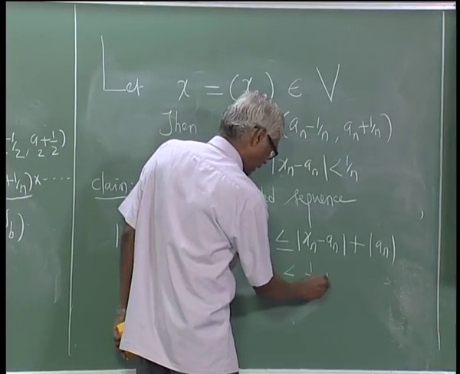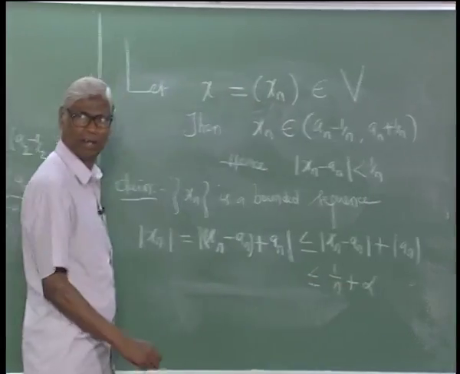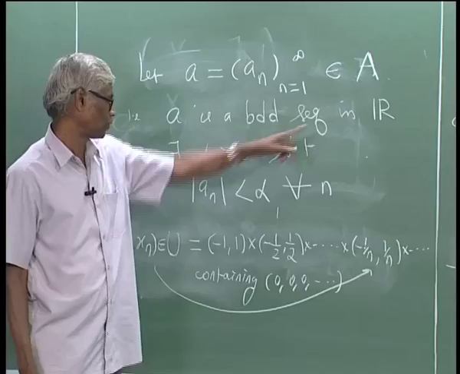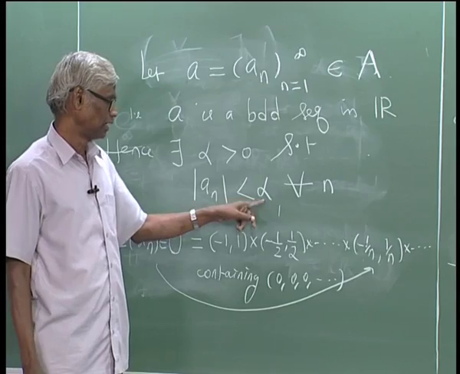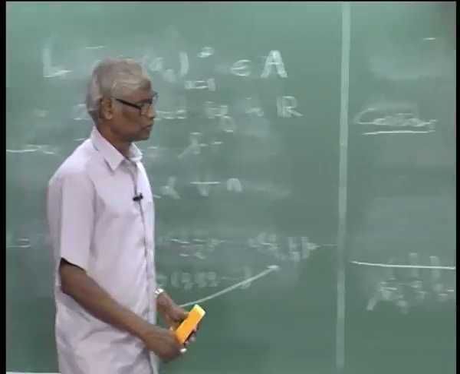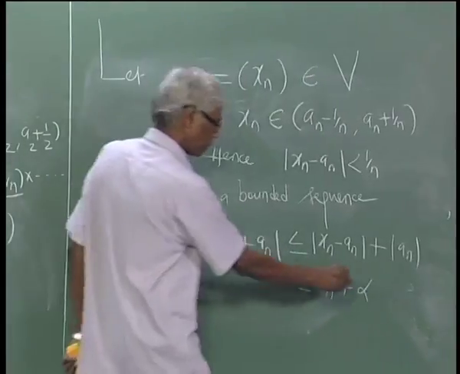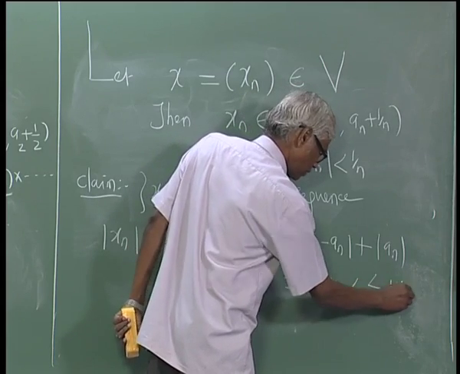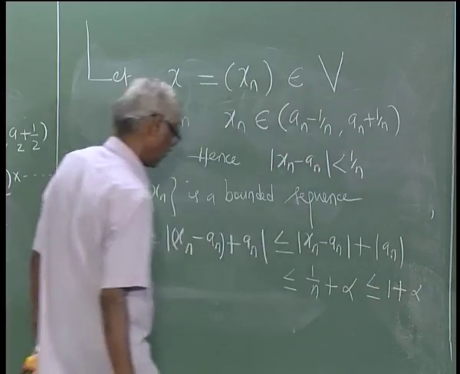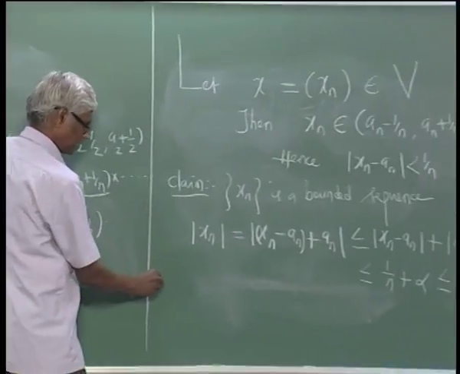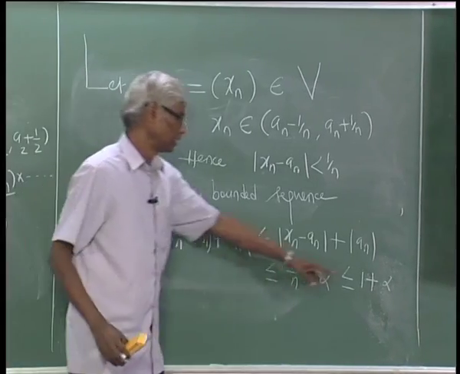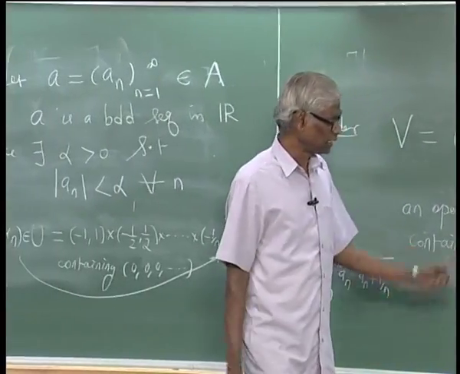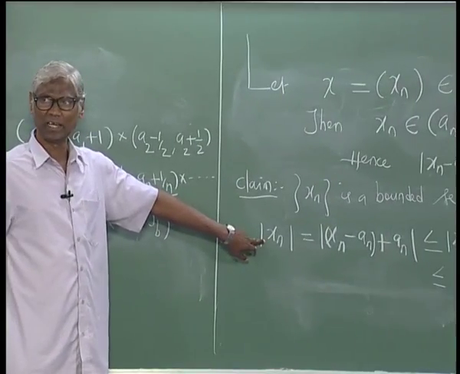And mod a_n is less than alpha, since we have taken that a is a bounded sequence, hence mod a_n is less than alpha for all n. So, this will be less than or equal to 1, since 1 by n is less than or equal to 1, so 1 plus alpha. Now, we have mod x_n is less than or equal to 1 plus alpha for all n. So, that implies x_n is a bounded sequence.